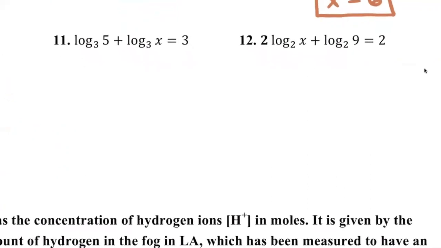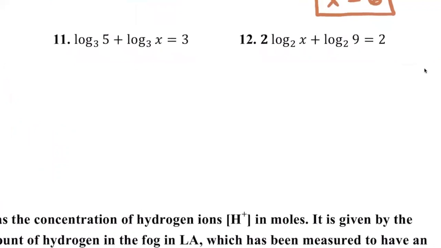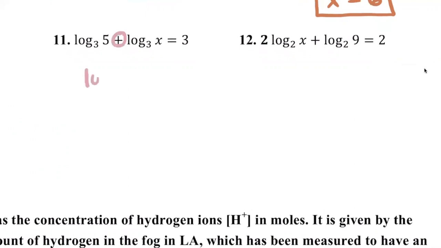So number 11, what I do is I want to combine the left-hand side to be one log. I see addition, so I'm going to multiply the arguments. So 5 times x, and that is equal to 3. All right, so I got a little surprised there because I was like, wait, where's the log?